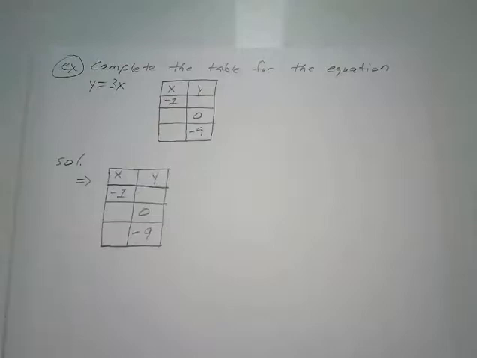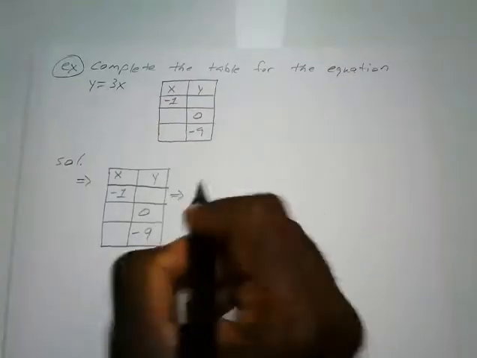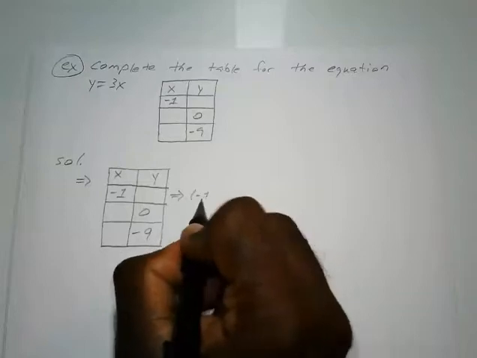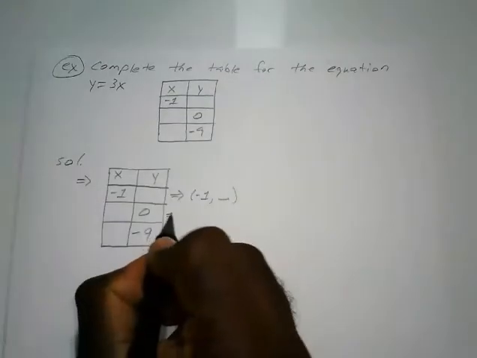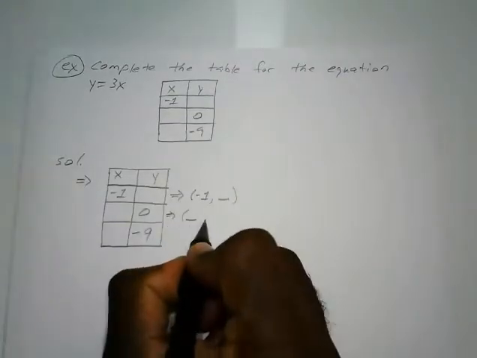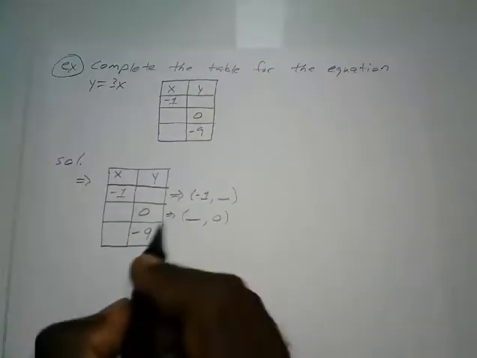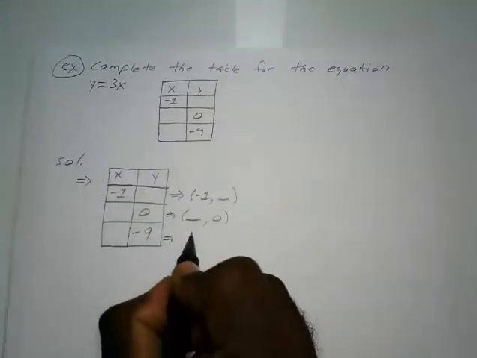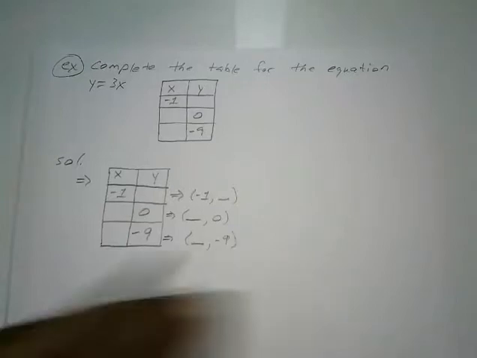Okay, so even though it looks a little different, this is the exact same as saying -1 and some unknown value. This one is the exact same as saying some unknown value and 0. And this one is the exact same as saying some unknown value and -9.